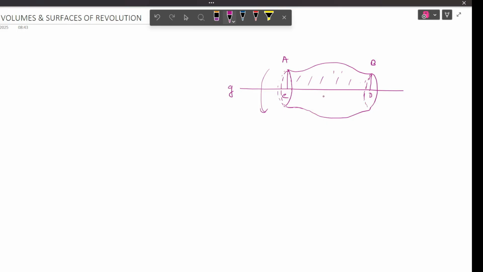In our syllabus, we are mainly concerned with the revolution of a continuous curve about x-axis or y-axis. So let us see one by one.